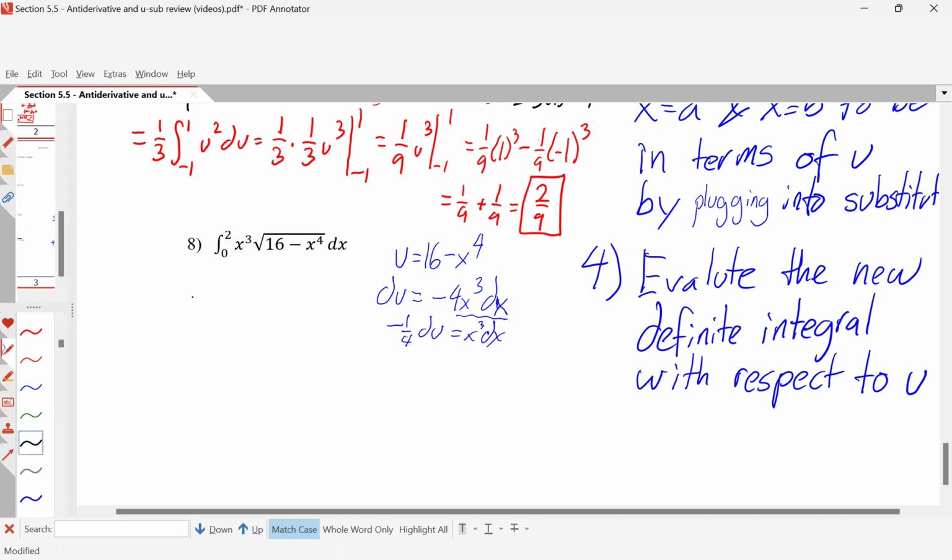And what's under the square root will become u. So we get the integral of the square root of u times -1/4 du.